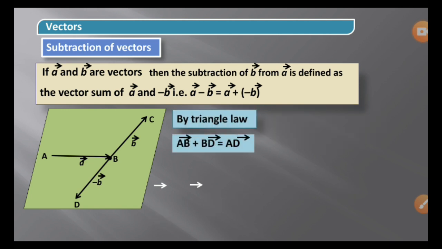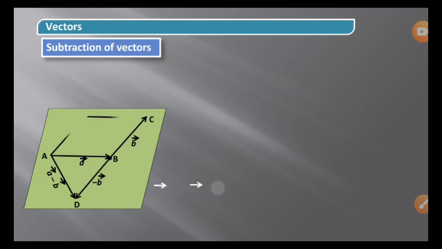Now, by the triangle law of addition, we have AB plus BD vector is equal to AD. So this can be taken as A minus B. And consider another point E, such that vectors AE and EC are in the same direction, and their resultant, that is A minus B, means the vector AD, is exactly equal to the vector EB.